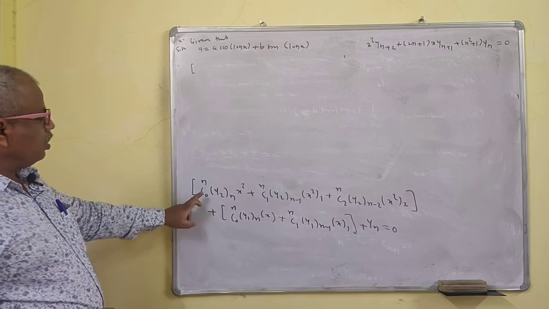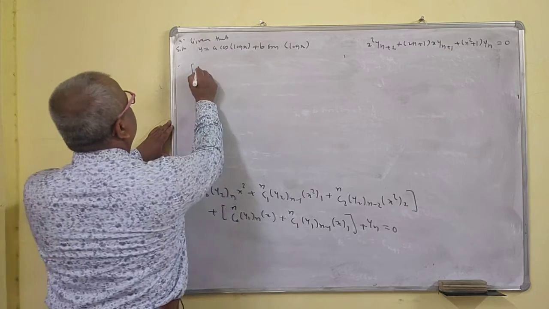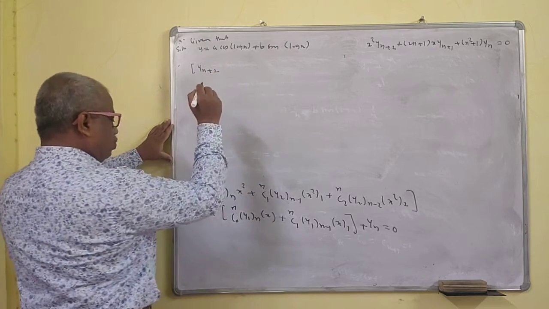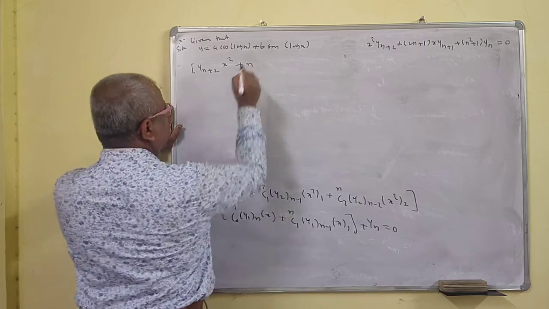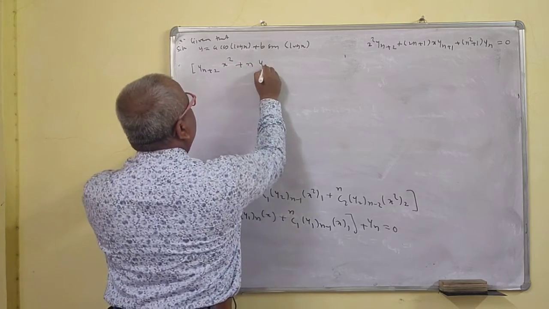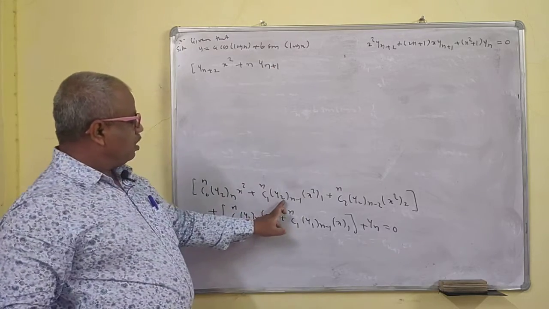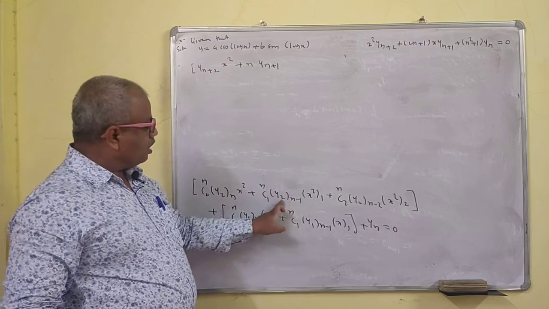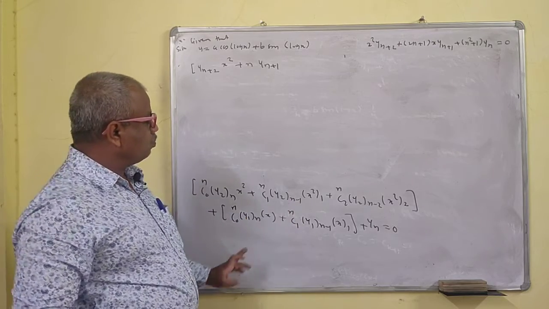Okay, nC0 is 1 now. So nth derivative of y2 is nothing but y(n+2). This is y(n+2). X square will be as it is now. Plus nC1 is n. Okay, so this is y(n) minus y(n+1) now. You have to take the sum of this one: n minus 1 plus 2 is n plus 1.